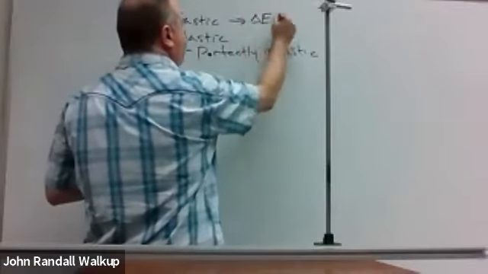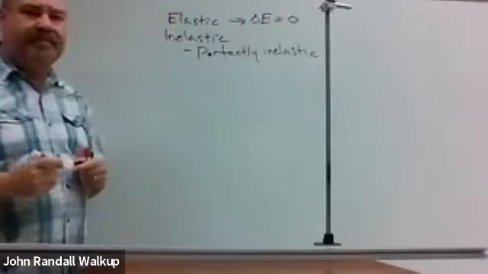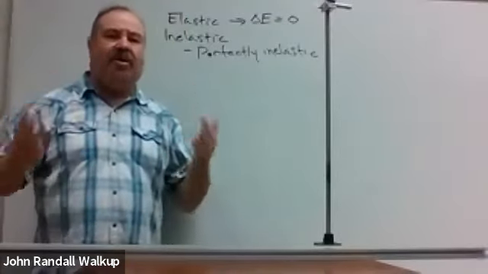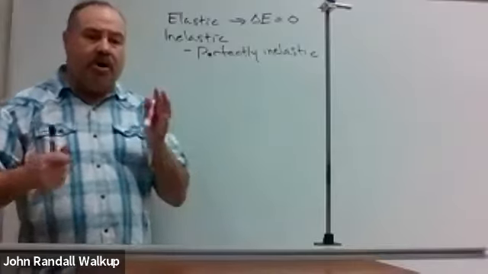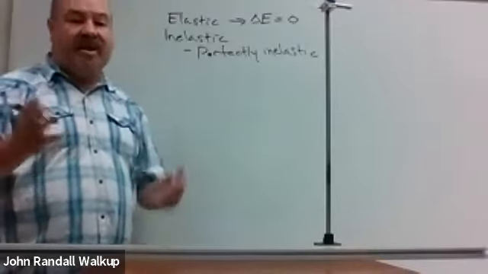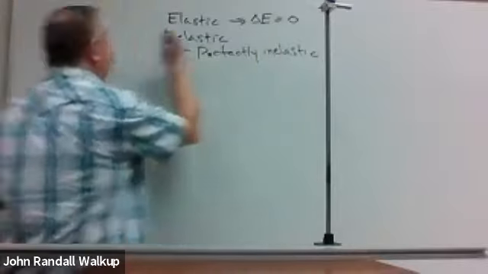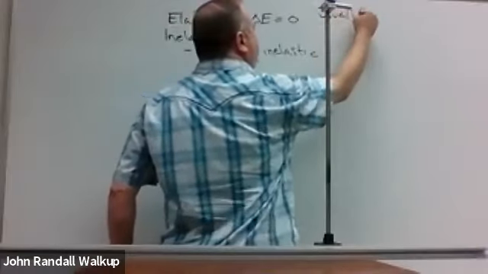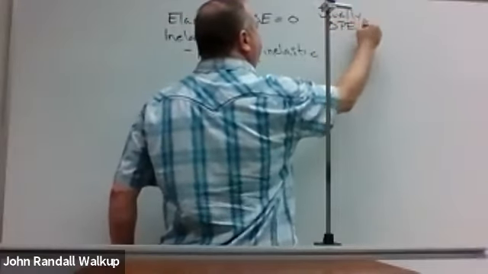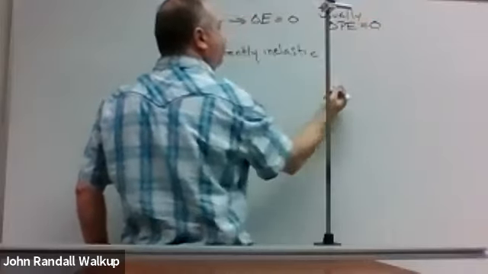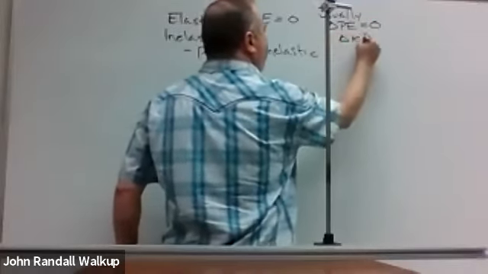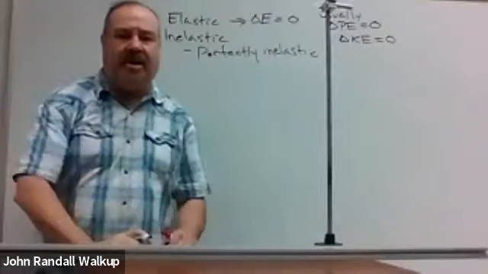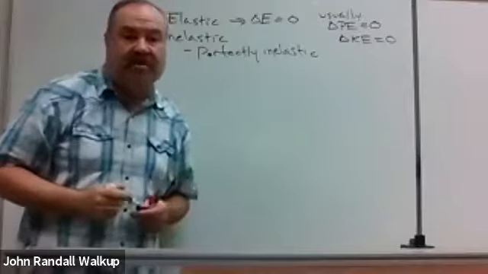Okay, elastic: delta E is 0. So when I tell you that a collision is elastic, immediately you know that energy is conserved. Usually, and it's rarely not the case, delta PE is equal to 0, and therefore delta KE equals 0, so the kinetic energy is also conserved.